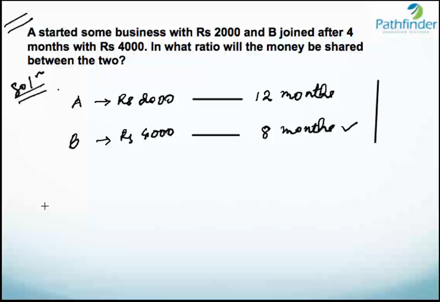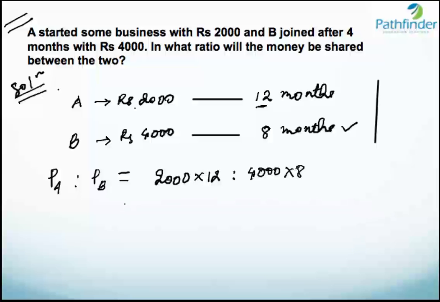So in what ratio shall we divide the profit between A and B? As was clearly outlined, profit of A as to profit of B must be in the ratio of the capital that they invest multiplied by the time period. So profit of A is 2000 multiplied by 12 as to profit of B will be 4000 multiplied by 8.